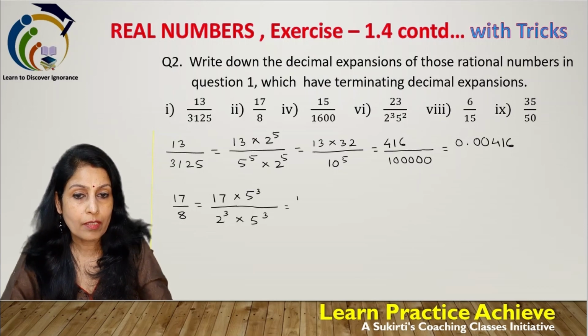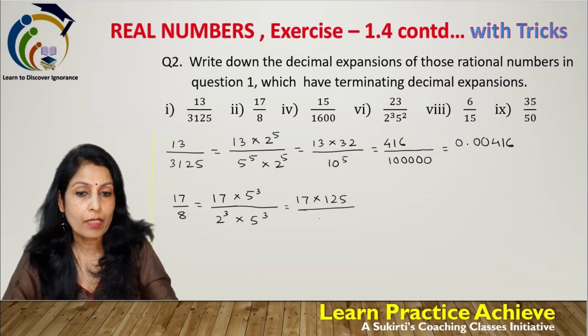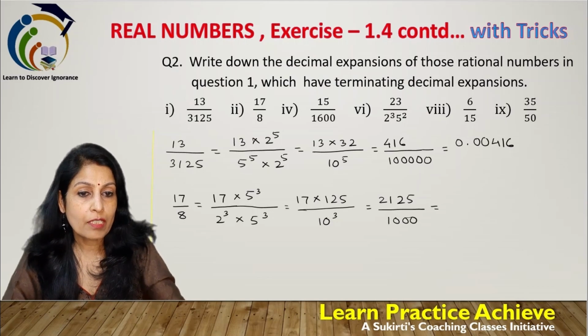So 17 into 5 times 5 is 25, times 5 is 125, and in the denominator 2 into 5 is 10, so 10 to the power 3. So 17 into 125 is equal to 2125 divided by 10 to the power 3, that is equal to 1000. So you can easily convert: 1, 2, 3. After 3 digits from the right hand side you put the decimal. So your answer is 2.125.